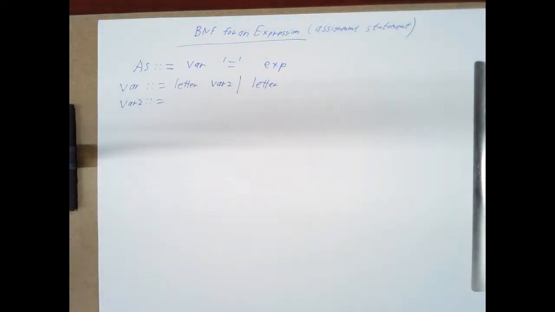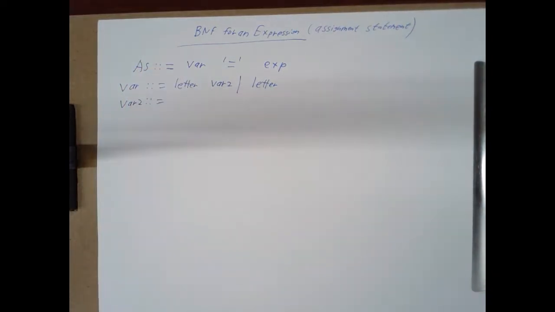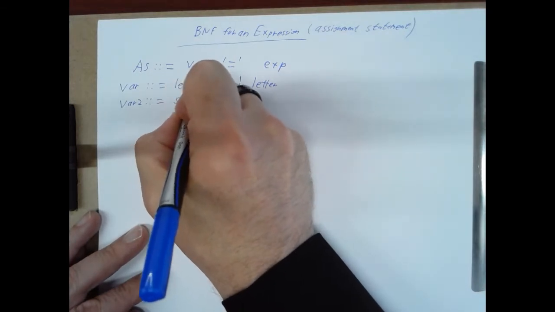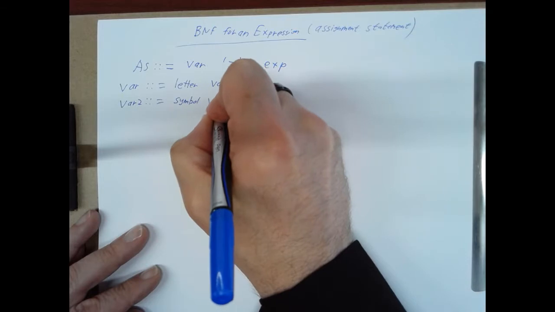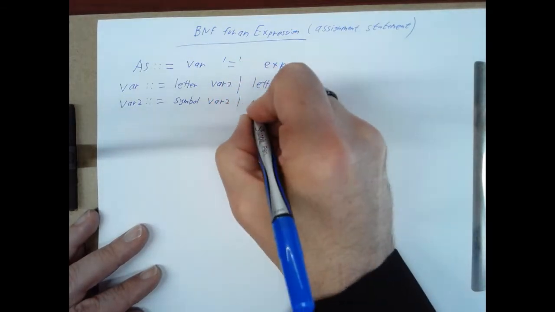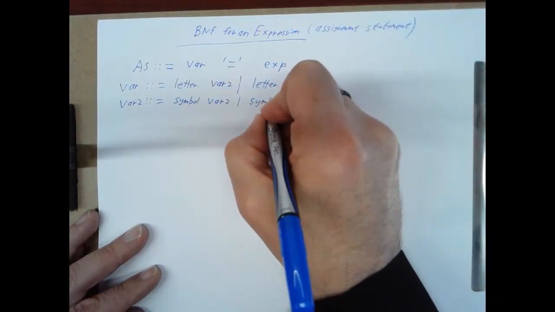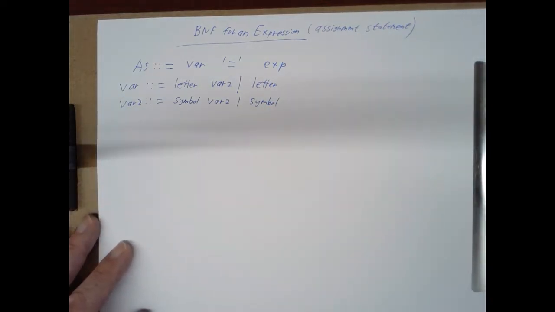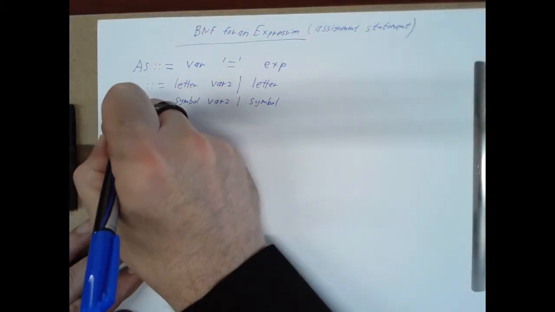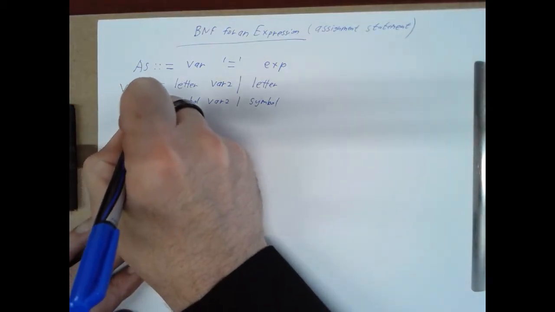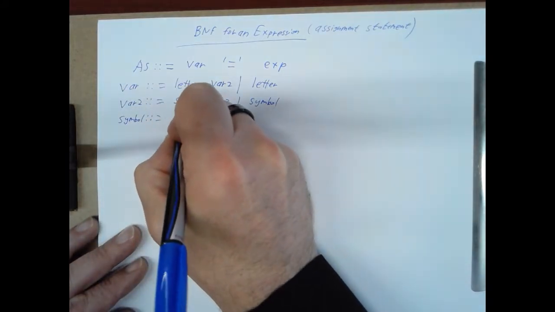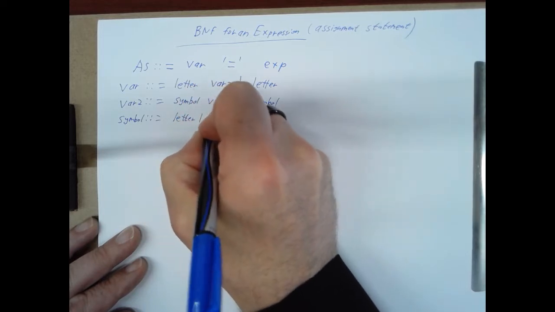And a variable 2 is going to be what I call a symbol followed by a variable 2, or it's just a symbol. And a symbol is either a letter or a digit.